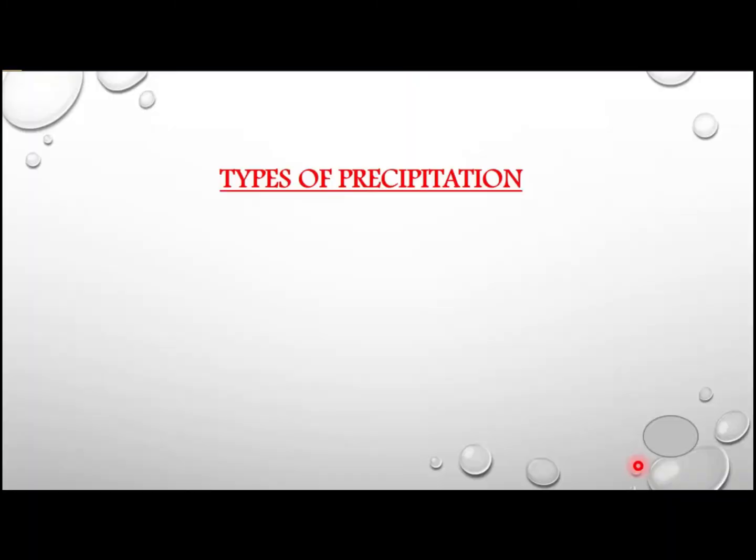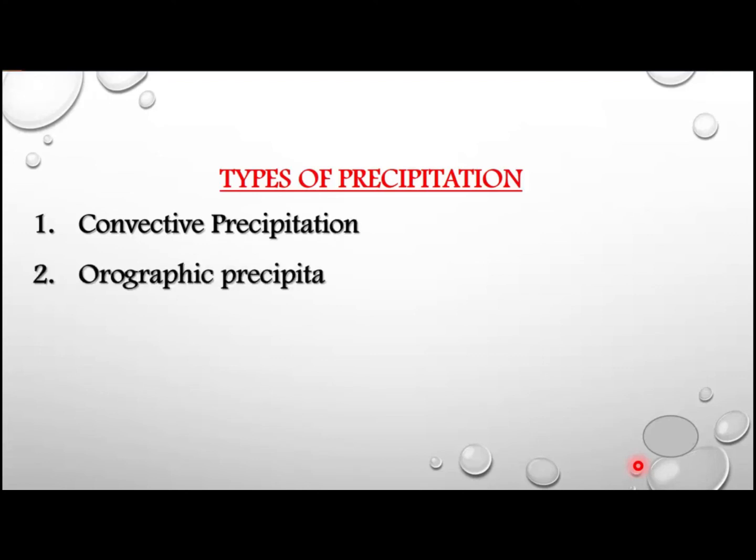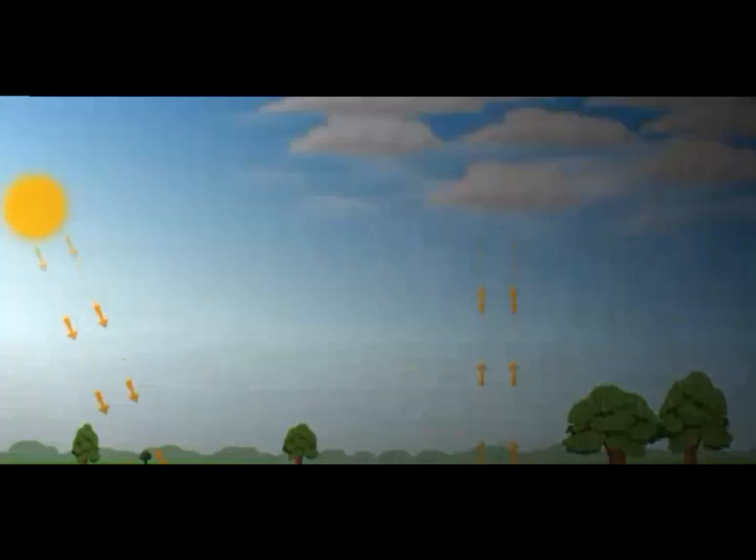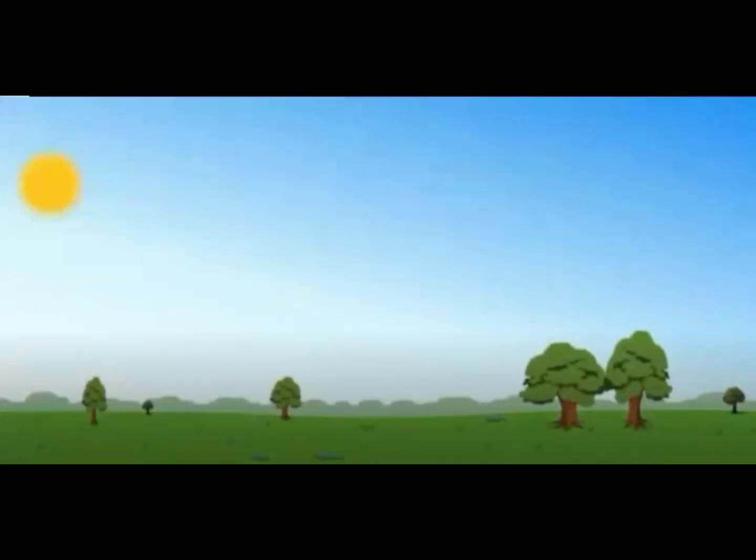Types of precipitation. As we already know, there are different types of precipitation: convective precipitation, orographic precipitation, and cyclonic precipitation. This is an animated view of convective rainfall.